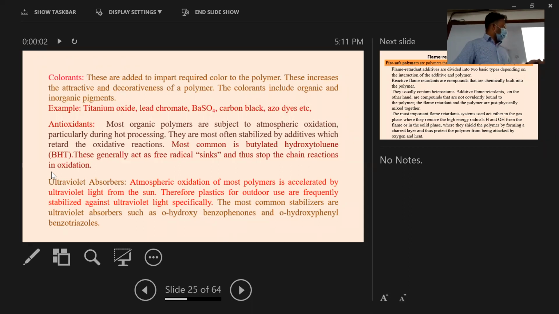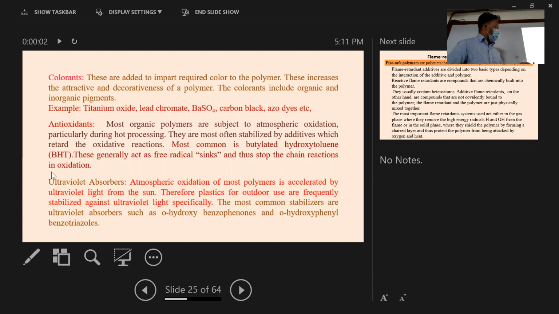So atmospheric oxidation of most polymers is accelerated by ultraviolet light from the sun. As already mentioned, the energy of UV is very high compared to any other wavelength in the sun. We have other high energy radiation, X-ray, gamma ray, but that is not the subject, because from the sun mostly we get up to UV. Okay.